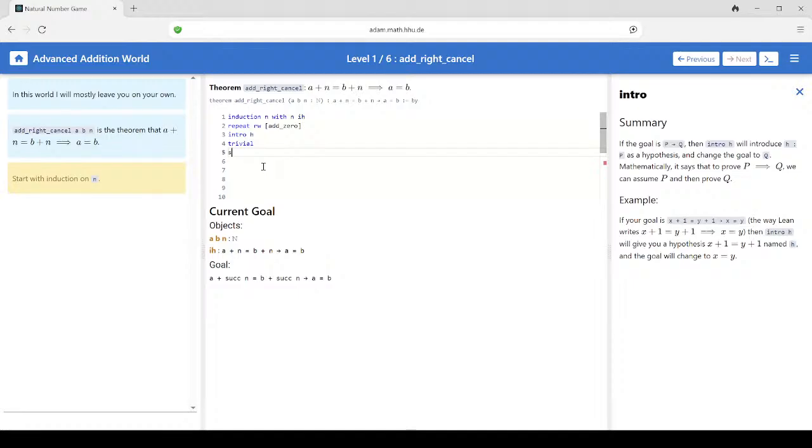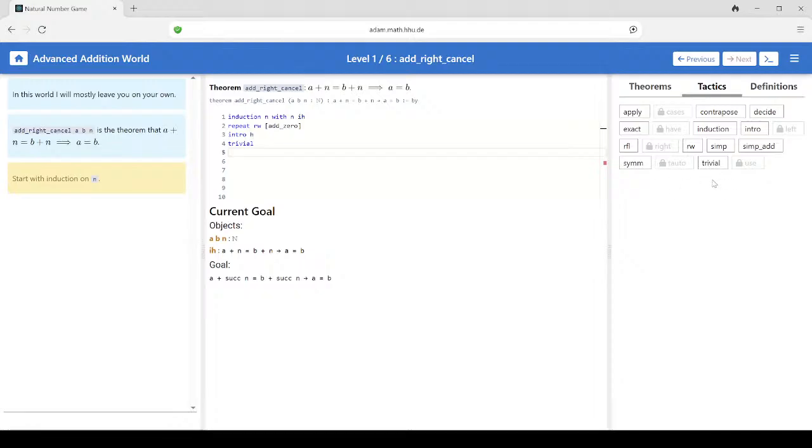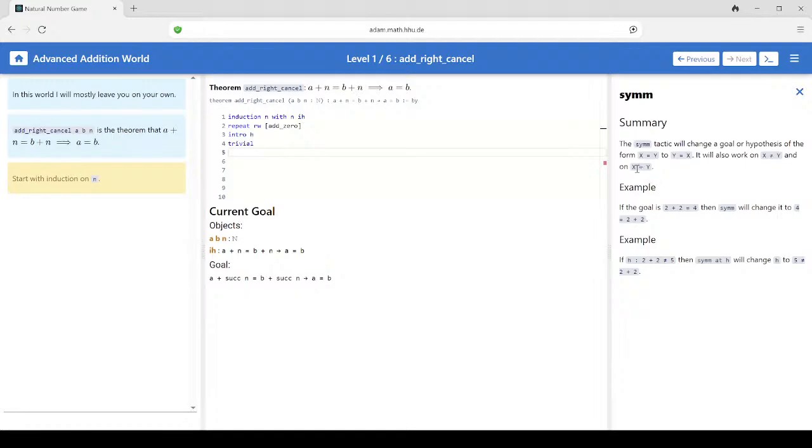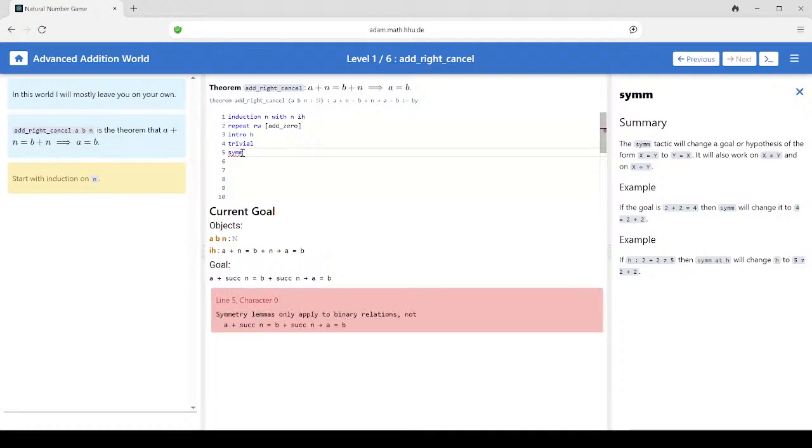Wait. There's this. They only apply to binary relations, not to... No, I thought the arrow here would switch the arrows.